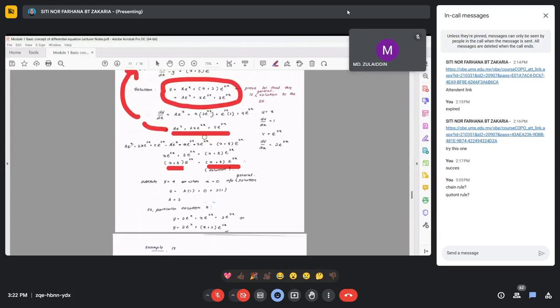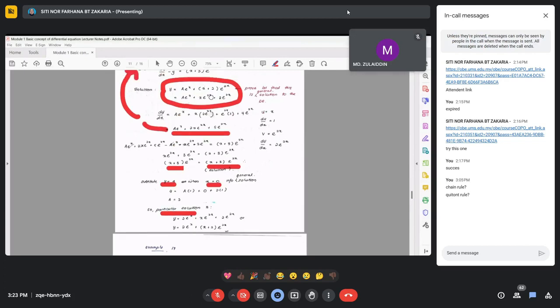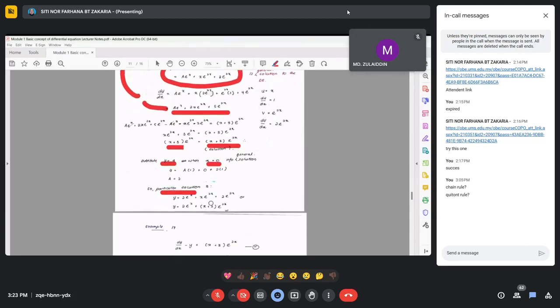Okay, they don't want the general solution, they want the particular solution. So to have the particular solution, you need to substitute the boundary condition y equals 4, x equals 0 into your general solution. After you substitute into your general solution, you will get the value a equals 2.